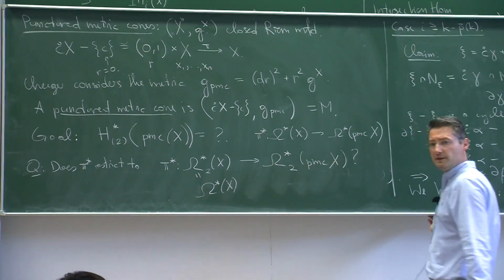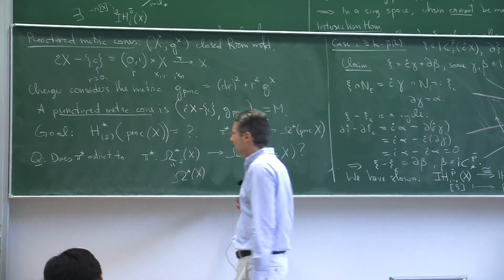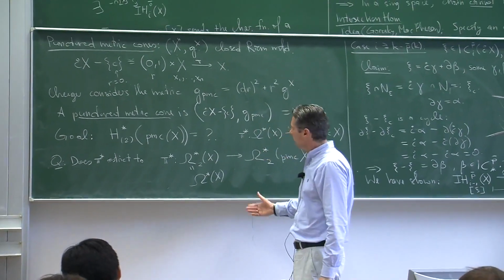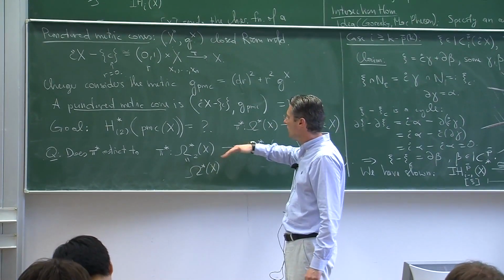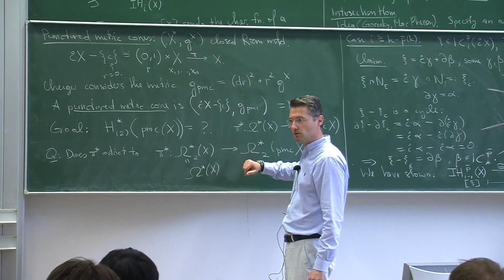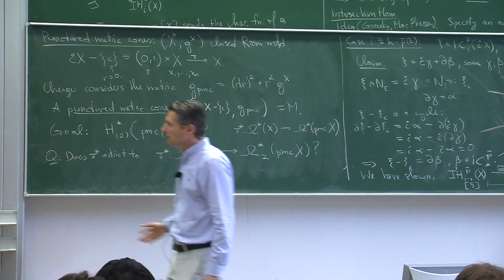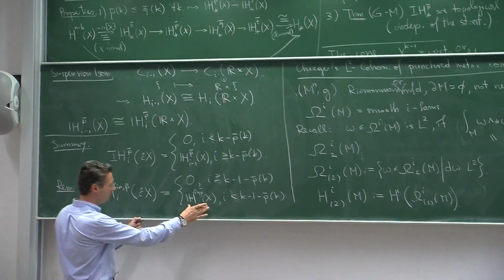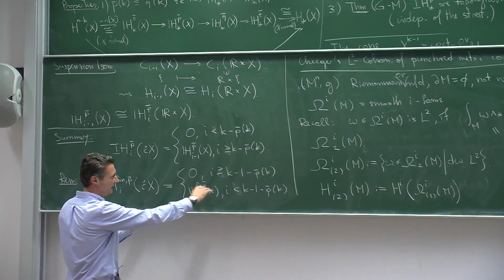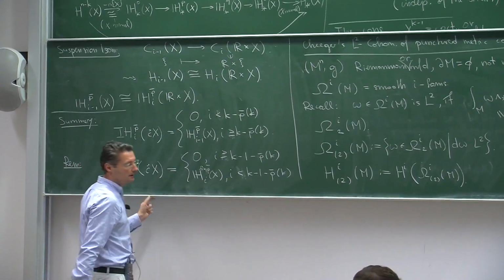Now this is not always the case, but it's true in a certain range of degrees. And then eventually what I will prove next time is that in that range of degrees where this restricts, it will then induce an isomorphism, so that if we compare it with this result, we get exactly that case for intersection homology.